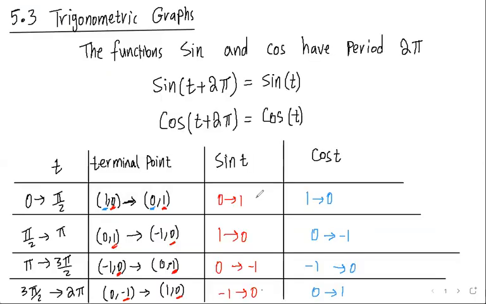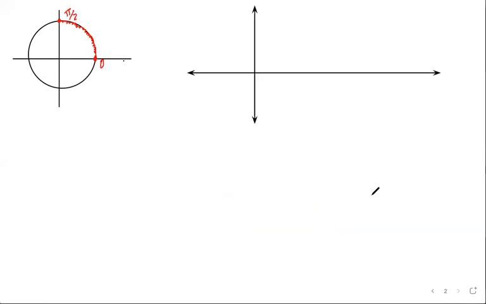By the way, here the value is 0. This is pi over 2, this is pi, this is 3 pi over 2, and here is 2 pi.